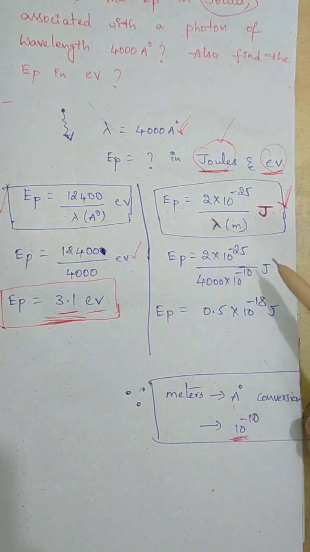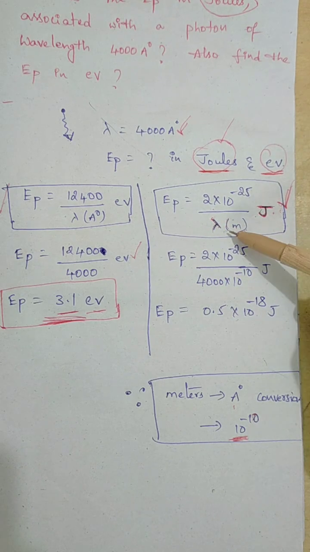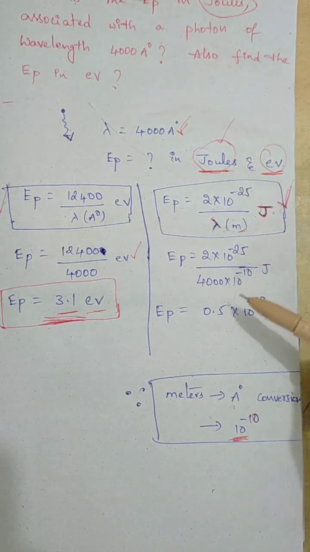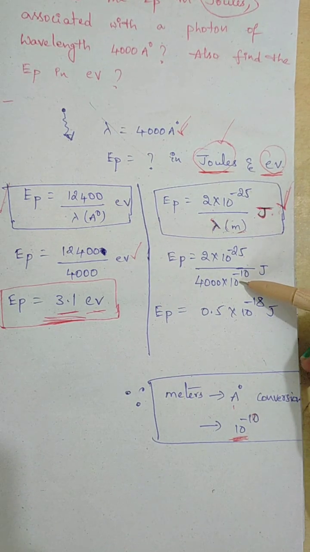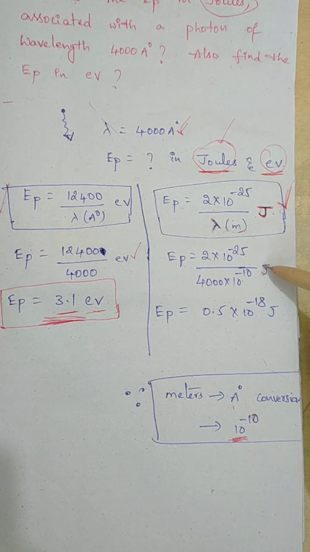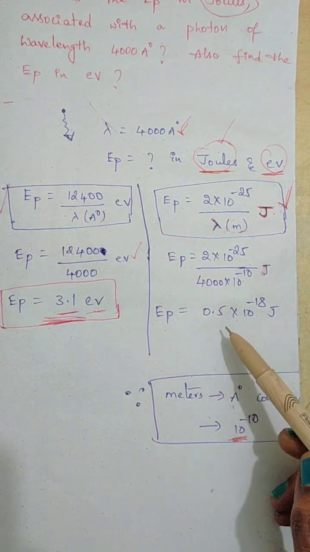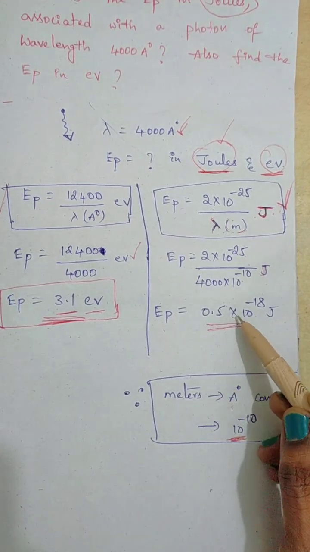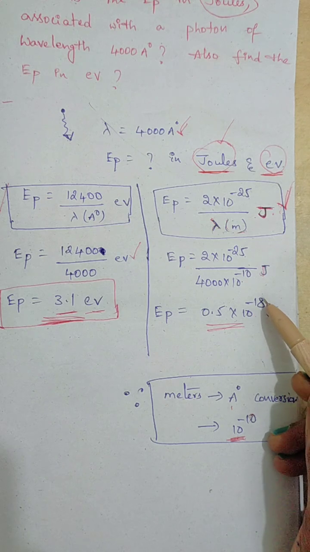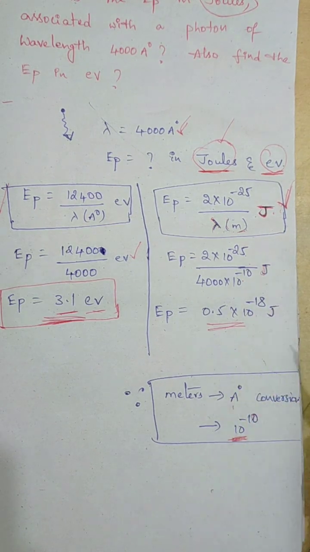Energy of photon is 2 into 10 power minus 25 divided by the wavelength, 4000, into 10 power minus 10, in joules. Here we are calculating in joules. After calculating, we get the solution: 0.5 into 10 power minus 8 joules. This is the final solution.